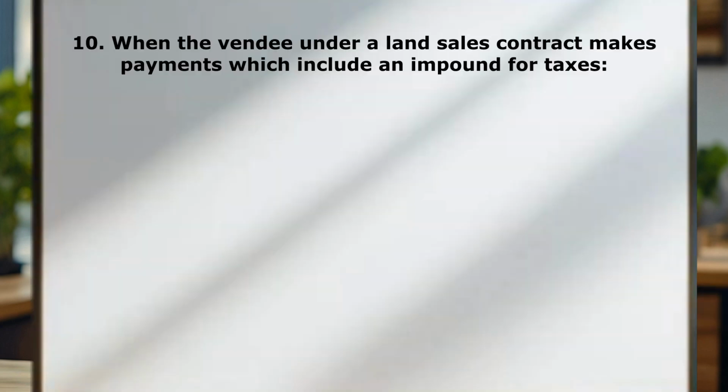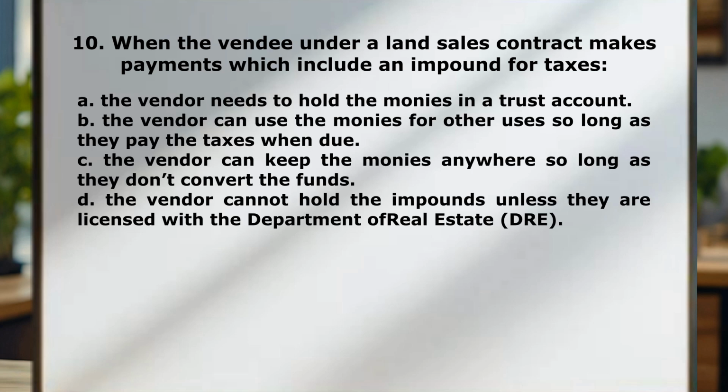Okay, question number 10. When the vendee under a land sales contract makes payments, which include an impound for taxes, A. The vendor needs to hold the monies in a trust account. B. The vendor can use the monies for other uses so long as they pay the taxes when due. C. The vendor can keep the monies anywhere so long as they don't convert the funds. D. The vendor cannot hold the impounds unless they are licensed with the Department of Real Estate. So what are impound for taxes exactly?